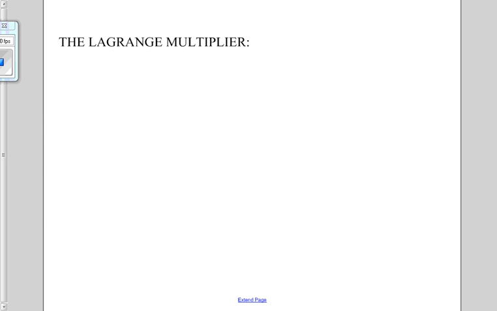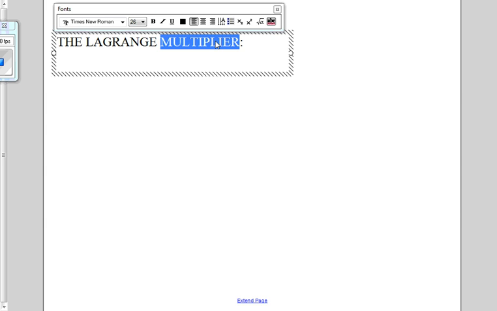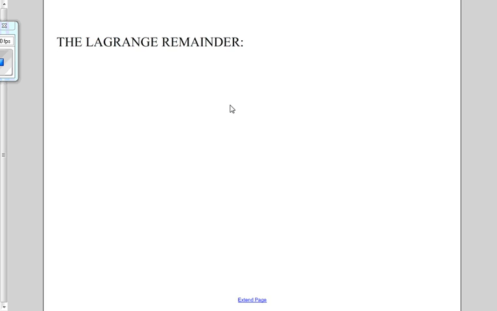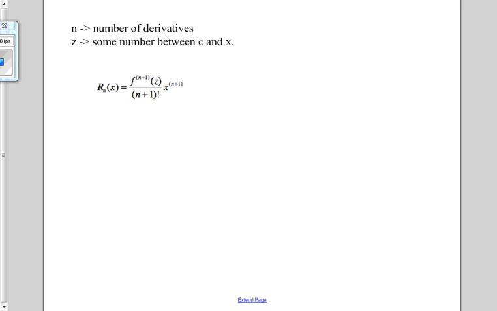So we're looking at the Lagrange remainder, not the multiplier. The Lagrange multiplier we'll look at a little bit later in multivariable. This is still single variable calculus. So, a couple things. n is the number of derivatives that we're talking about.